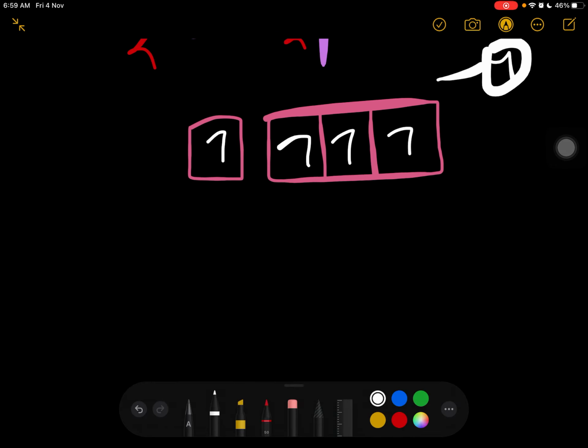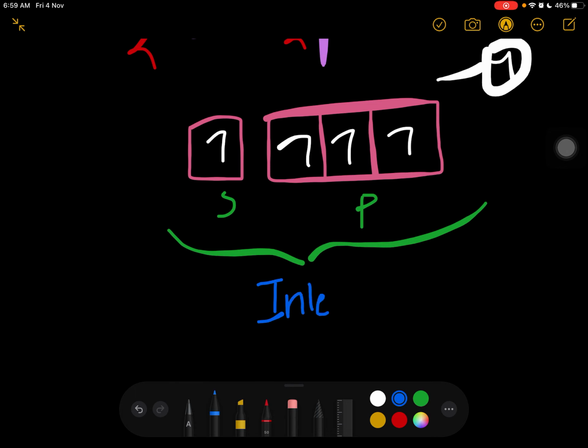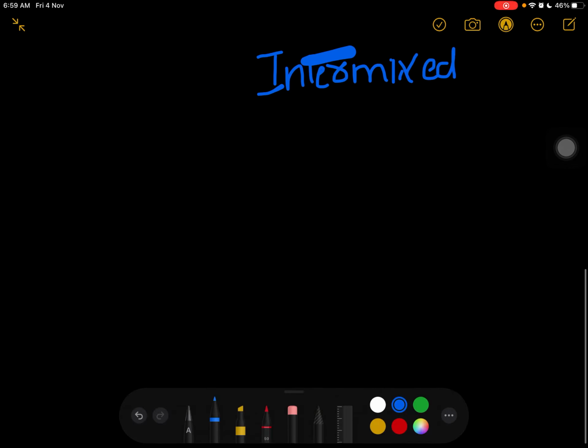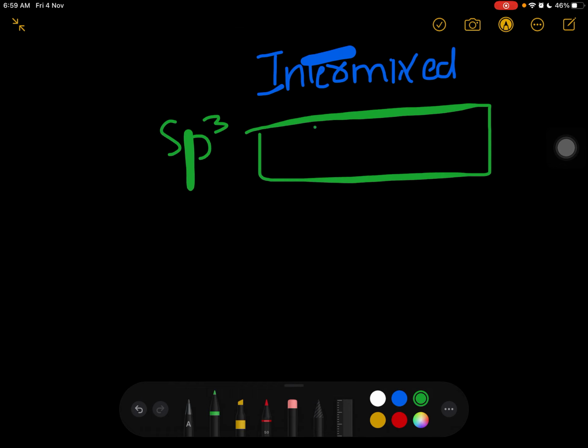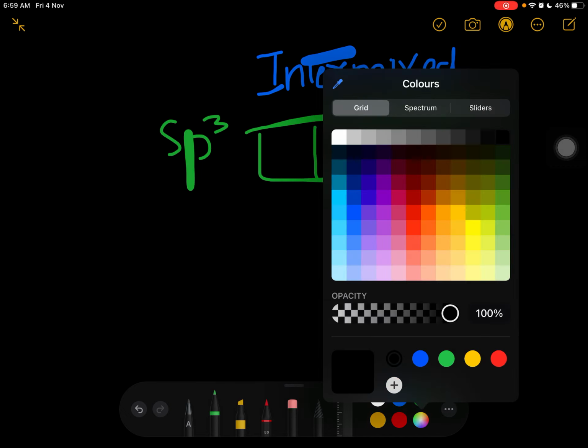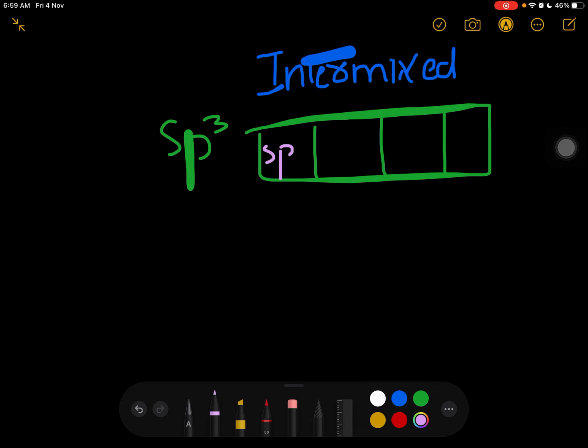These both, the s and the p, will be intermixed, and then it will form 4 sp3 orbitals.